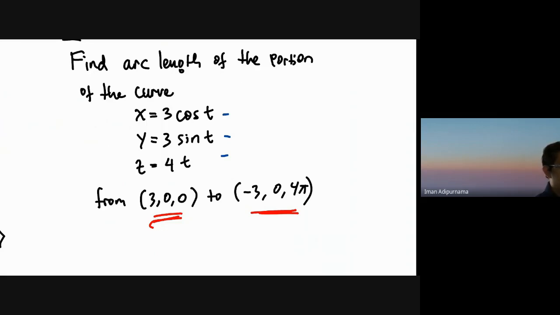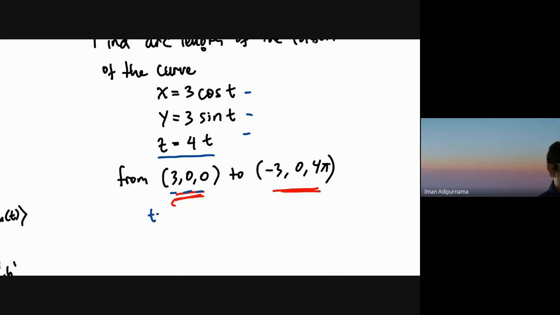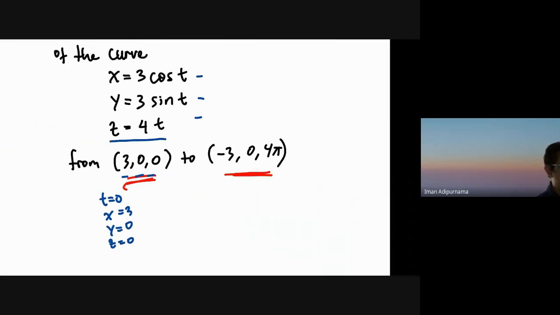We have 3, 0, 0. Because we have z equal 4t, which means at t equals 0, it will be 0. It's correct, right? So first you need to see any t that is possible for this situation. So if t is 0, x is 3, y is 0, z is 0. So probably t is 0 is correct, okay?